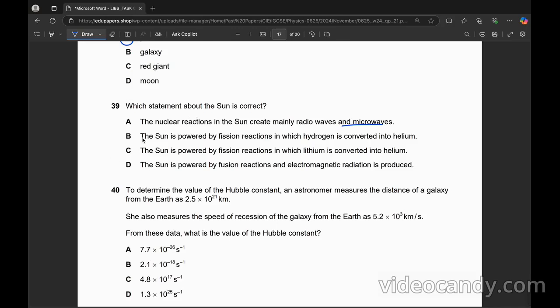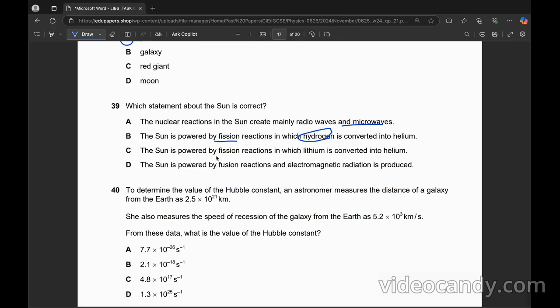And B, the sun is powered by fission reactions in which hydrogen is converted to helium. Now, fission is like splitting, so you can't split a very small element into a larger one. This doesn't make sense. And C, the sun is powered by fission reactions in which lithium is converted to helium.